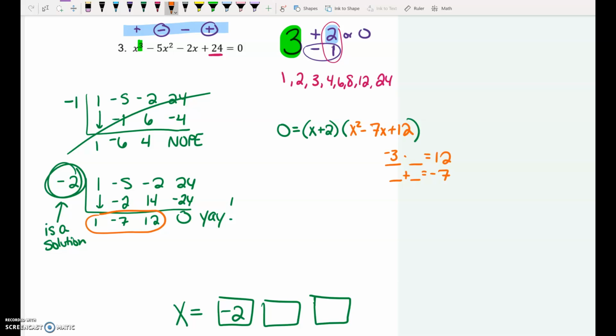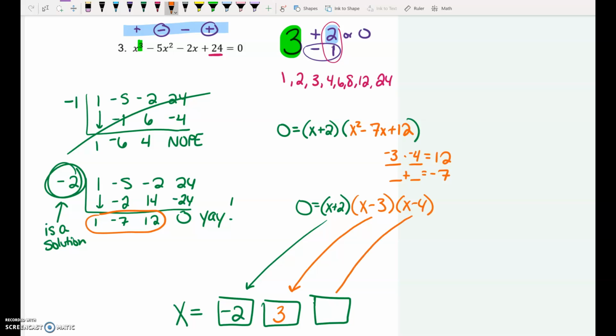I believe that's -3 and -4. So x plus 2 gives us the solution of -2. X minus 3 gives us a solution of +3. X minus 4 gives us a solution of +4.